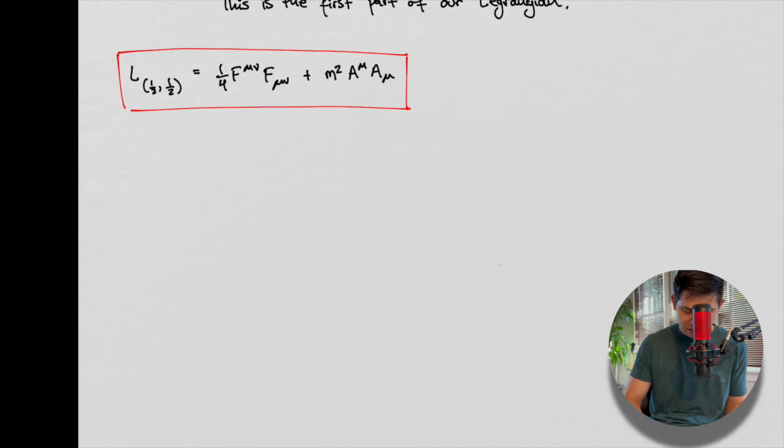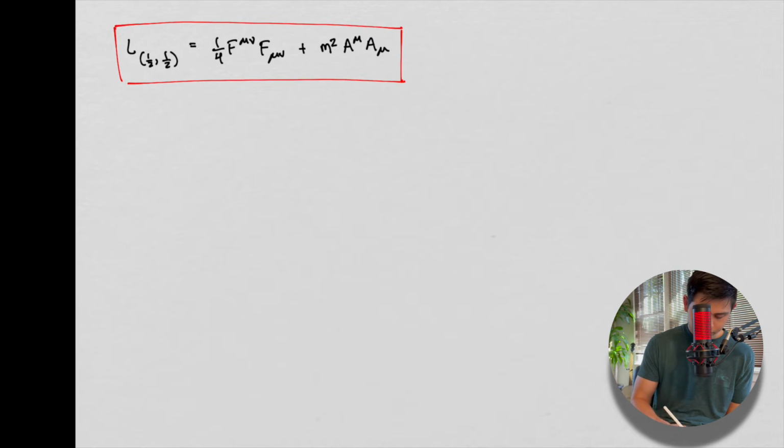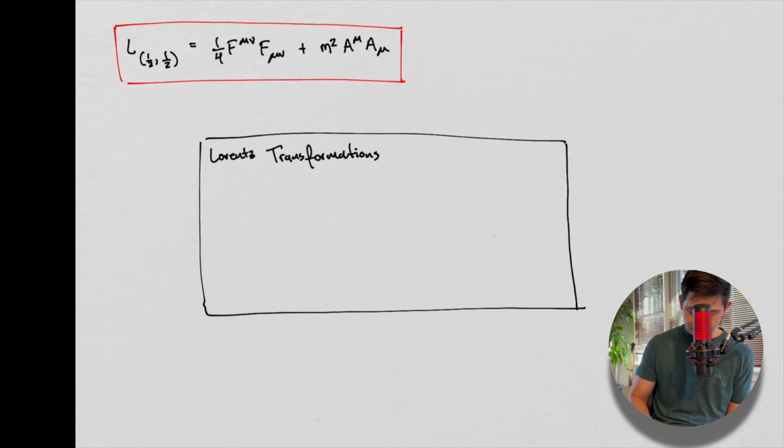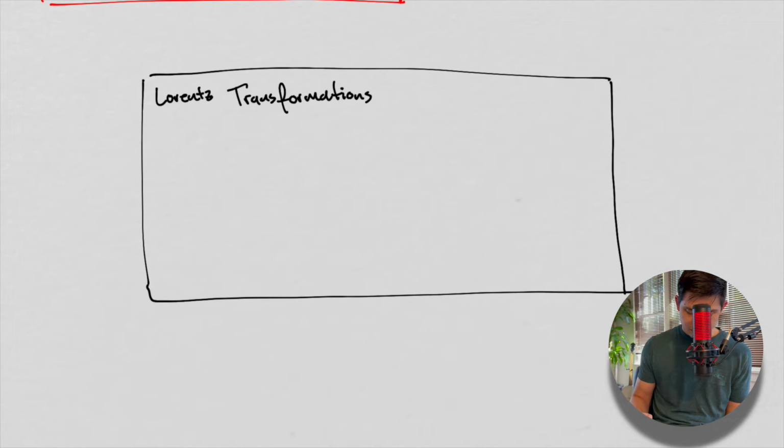So an interesting way of thinking about this, again, is we have this world of Lorentz transformations. Here's our world of Lorentz transformations, and we have a Lagrangian, right?